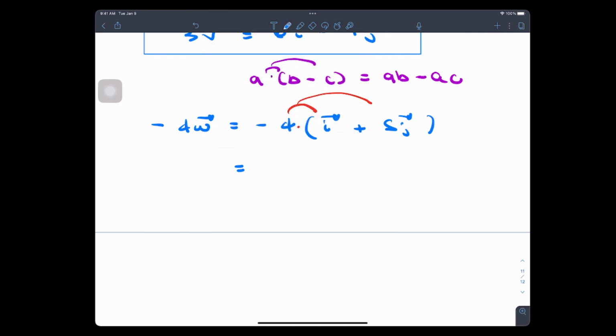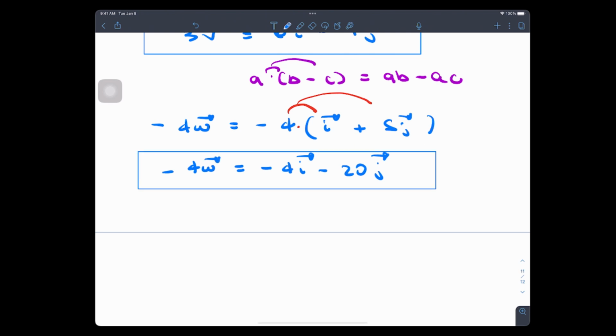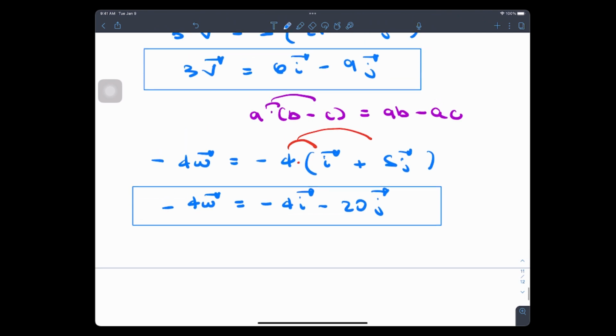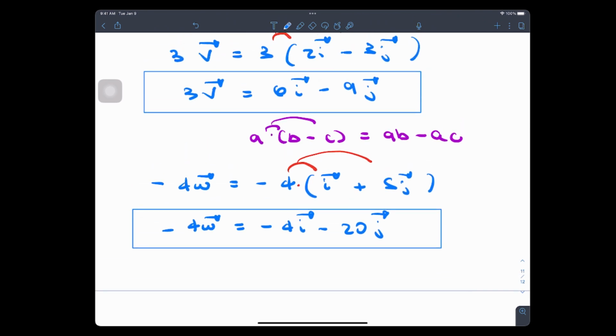So negative 4, let's distribute I, and then negative times a positive, what does that give you? Negative 20J. Okay, easy peasy lemon squeezy.